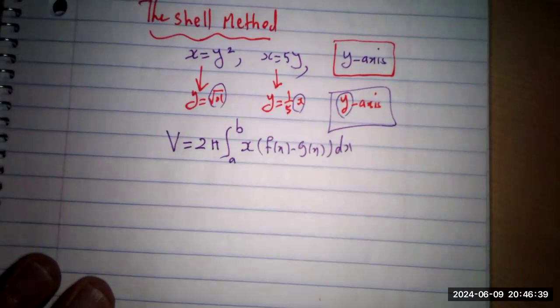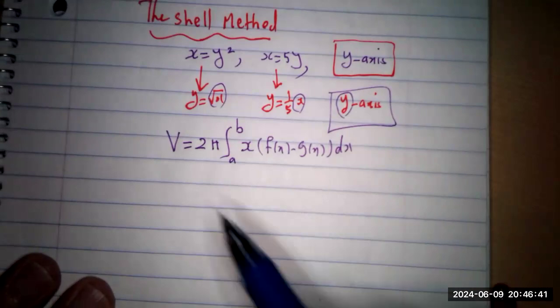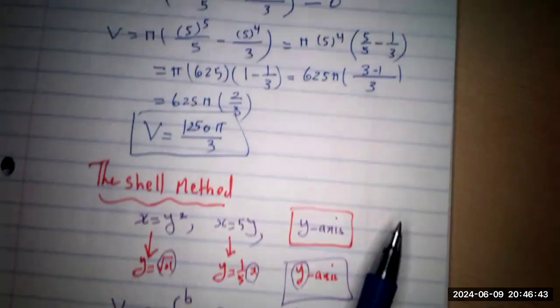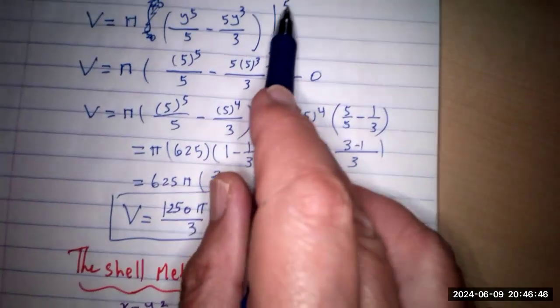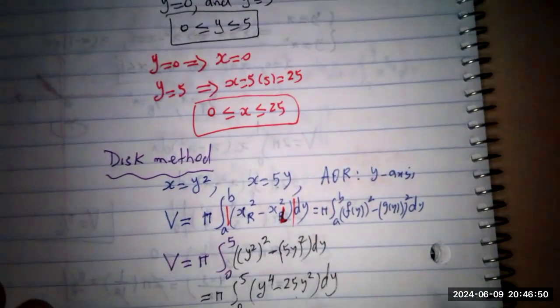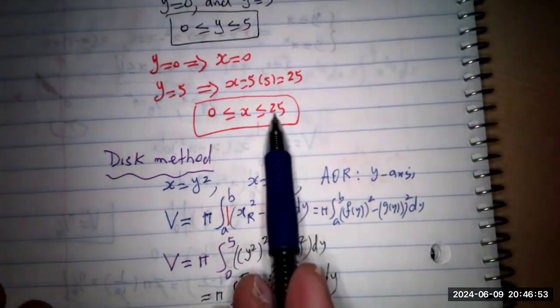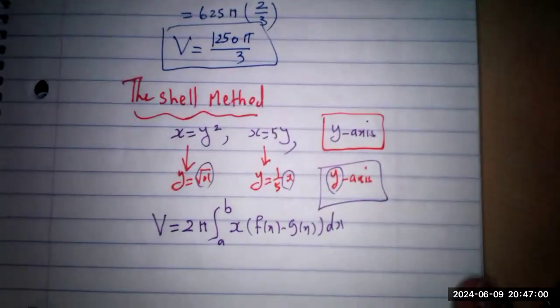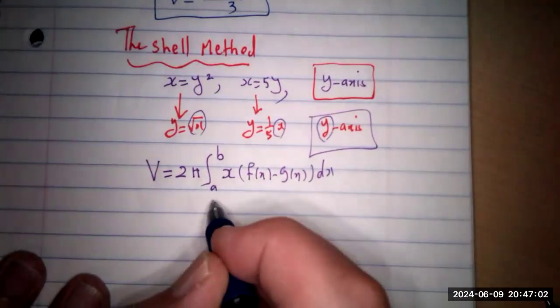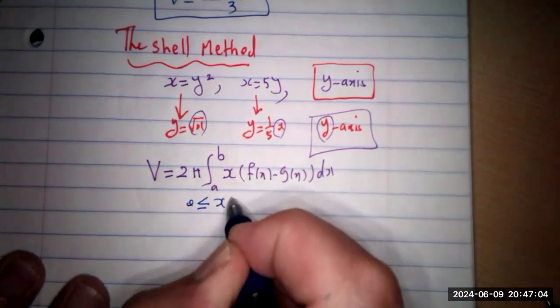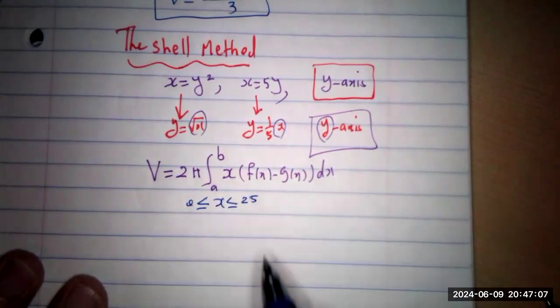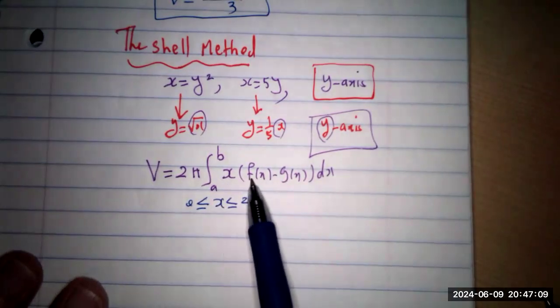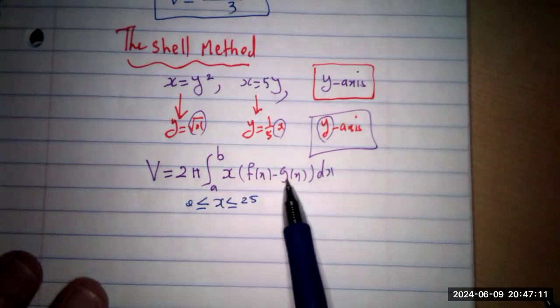Now your x, we already checked this one. Remember, you used 0 to 5 for the y. But now your x is between 0 and 25. Make sure you use two different numbers. This is x, the other one was y. Again, you must make sure that this difference is going to be a positive number.